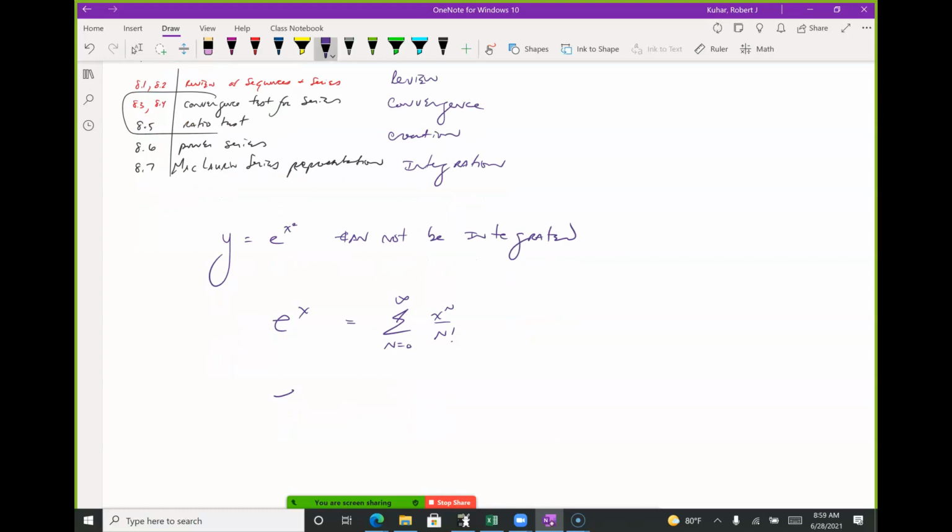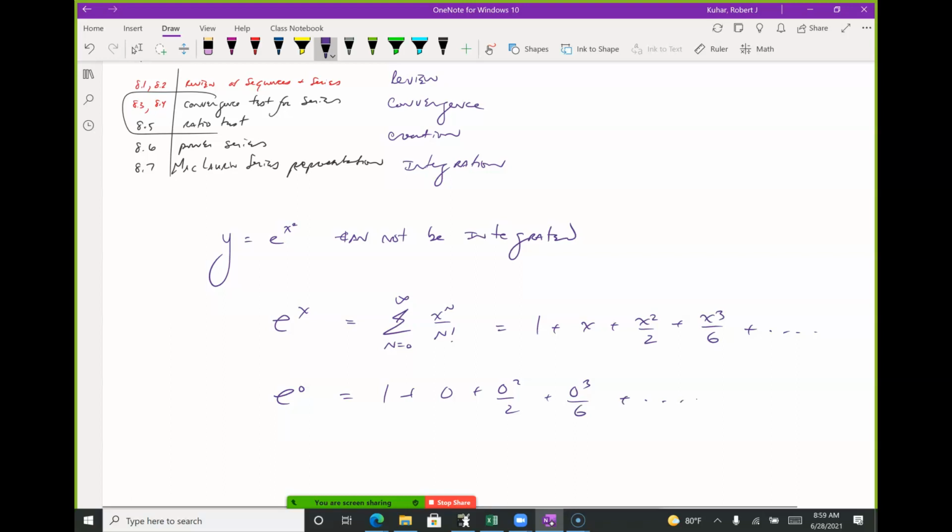That is 1 plus x plus x squared over 2 plus x cubed over 6 plus dot, dot, dot. You can already see if I plug in 0, I get 1 plus 0 plus 0 squared over 2 plus 0 cubed over 6 plus dot, dot, dot. Obviously, e to the 0 is 1.